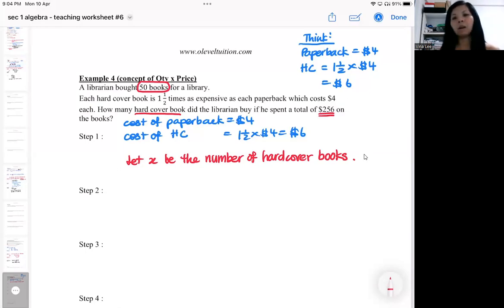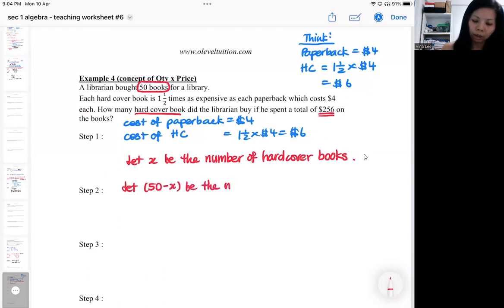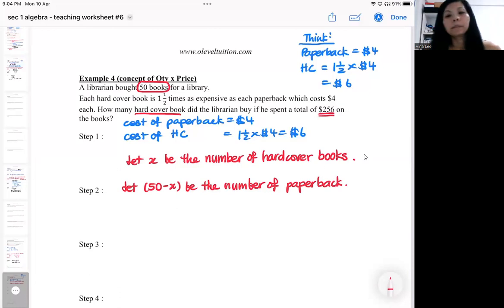If X is the number of hardcover, then how many paperback will you have? So that will be 50 minus X. The rest will be paperback. So that is the quantity.